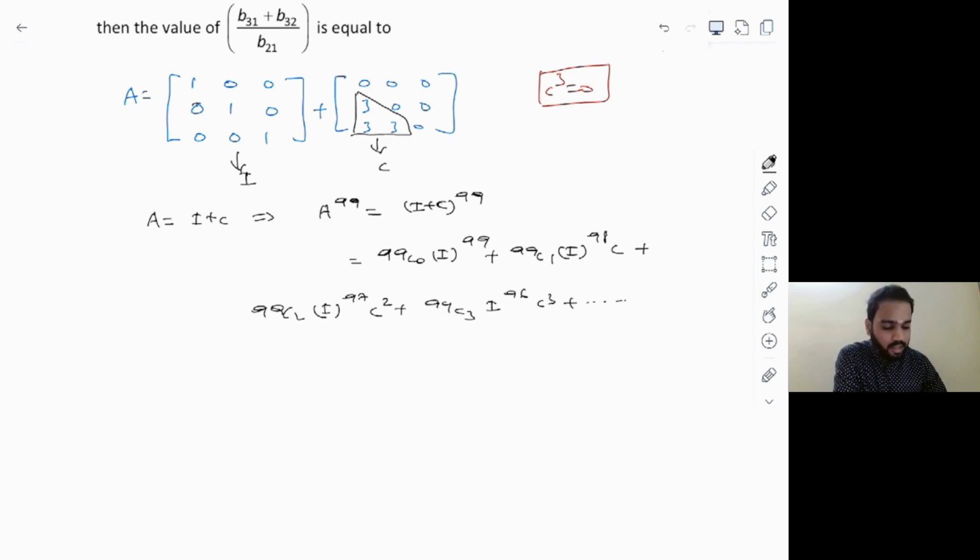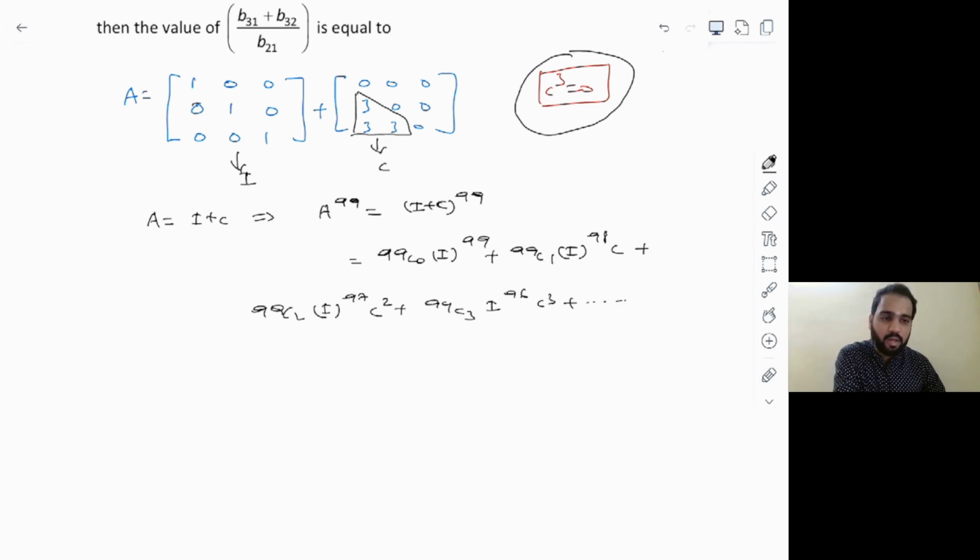The reason I'm writing these many terms is to make you understand that the matrix C here is a strictly triangular matrix. For a strictly triangular matrix, C cube will be equal to 0. C square you can find by doing C into C, but C cube will definitely be equal to 0 for such strictly triangular matrices.